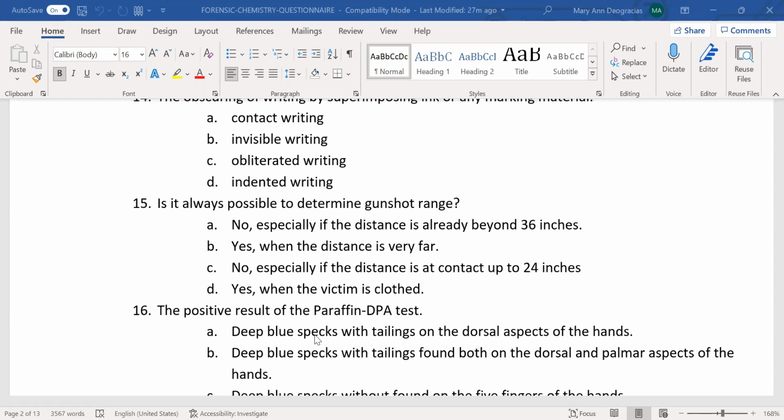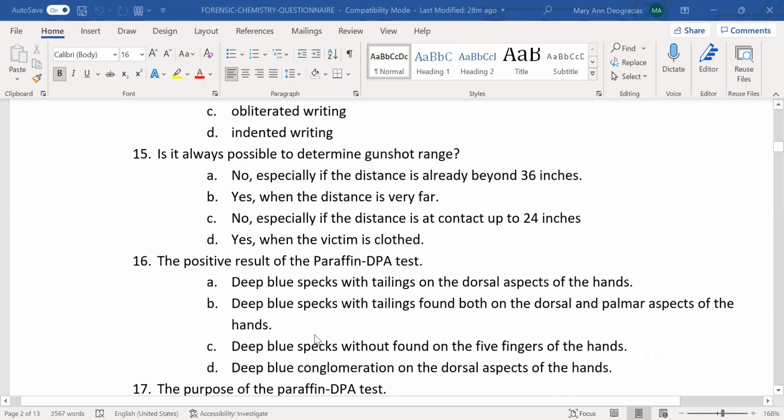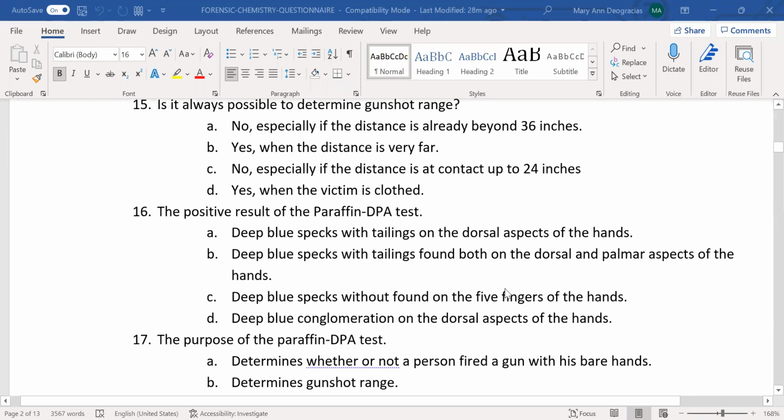All right, number 16. The positive result of the DPA paraffin test. A, deep blue specks with tailings on the dorsal aspects of the hands. B, deep blue specks with tailings found both on the dorsal and palmar aspects of the hands. Dorsal, likod ng palad. Okay, tapos yung palmar, of course, yung palad mismo.